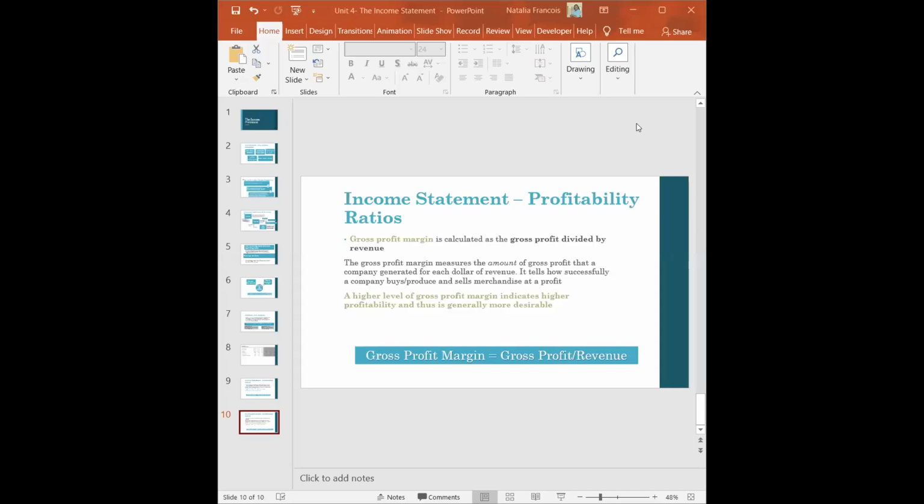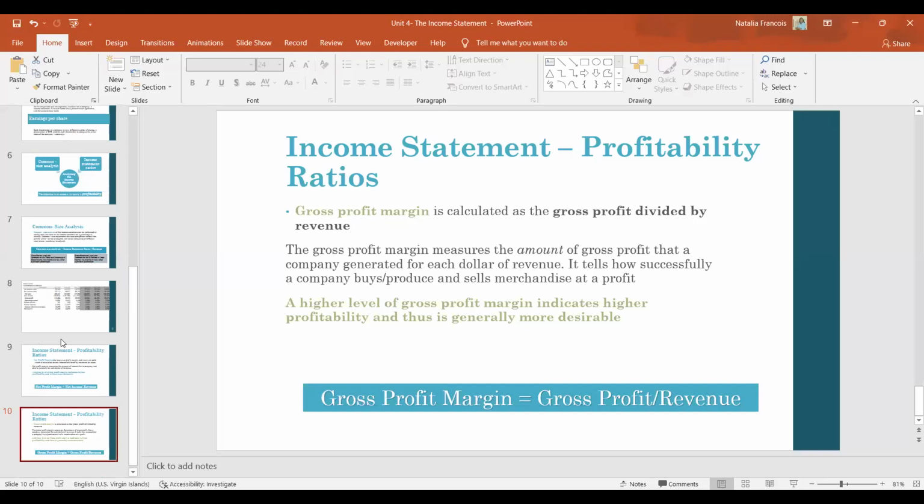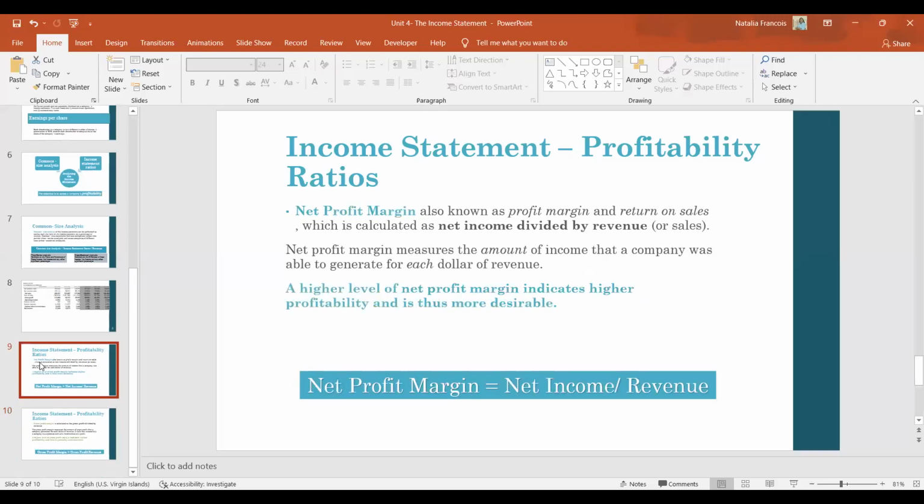So let me just recap. Short and sweet. Net profit, also known as profit margin, profit margin ratio or return on sales ratio, is calculated as net income divided by revenue.